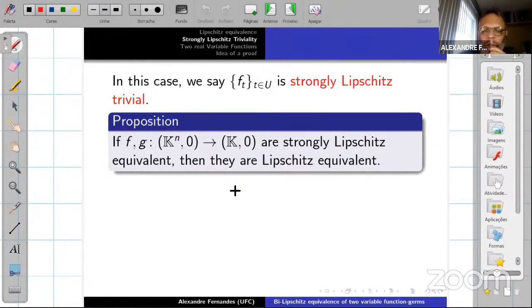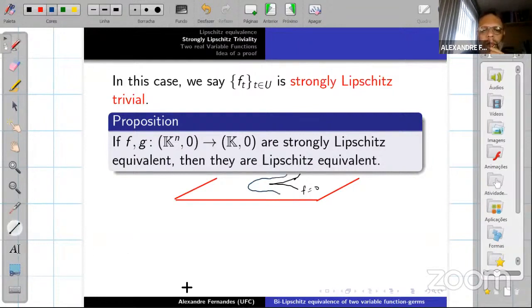Let me show what is happening geometrically. Here we have our function. This is the function f. This is the special fiber of f. This is a generic fiber of f.